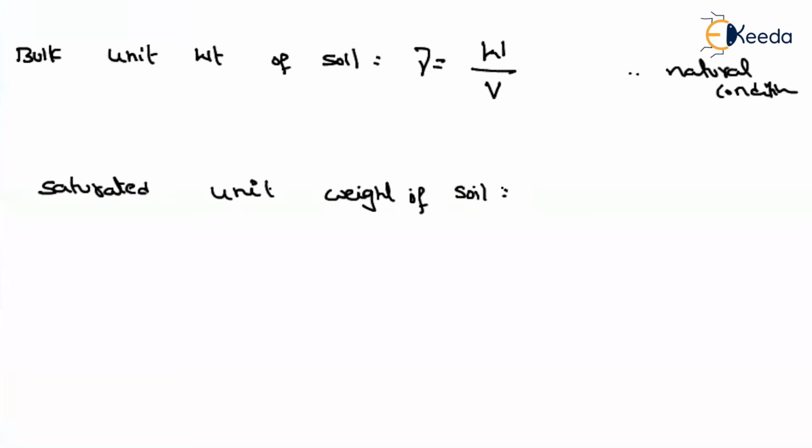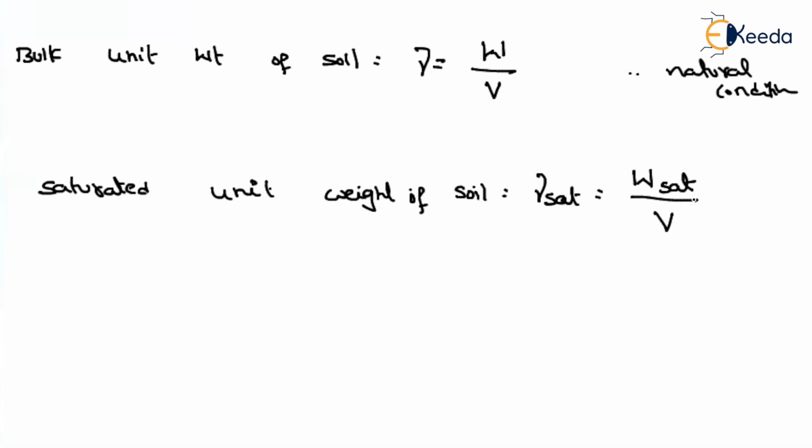We represent the unit weight as gamma saturation. What is gamma saturation? It is the weight of the soil in saturated condition divided by the volume of the soil sample. Okay.